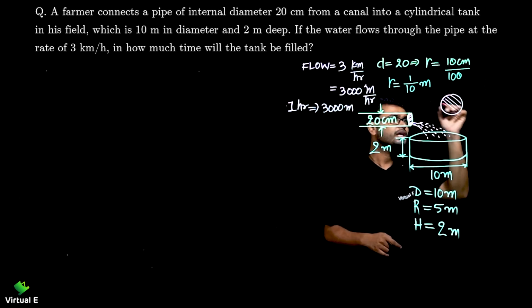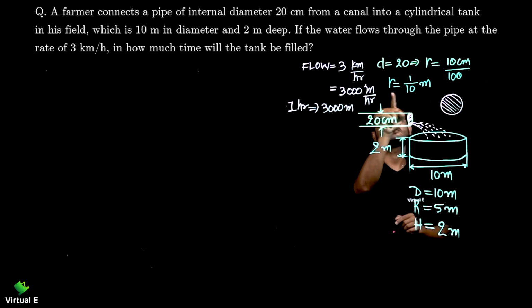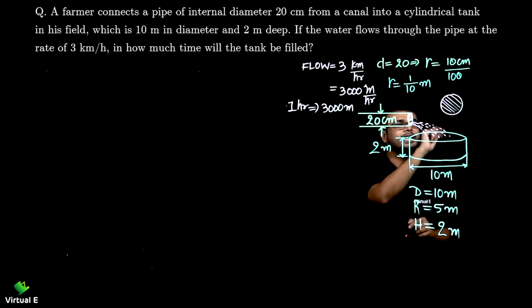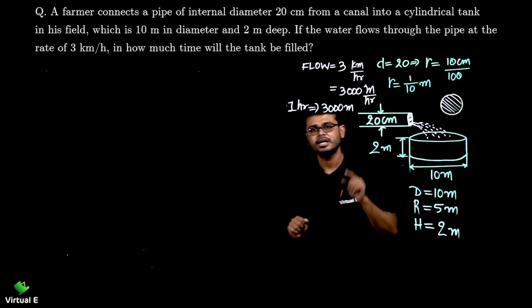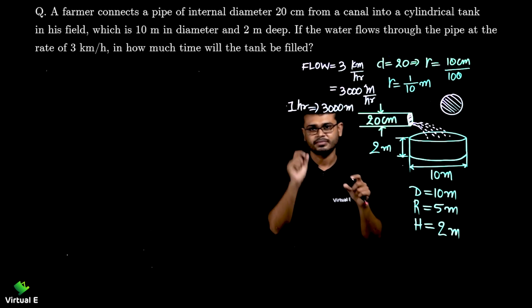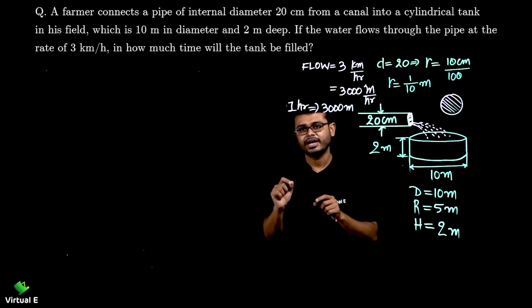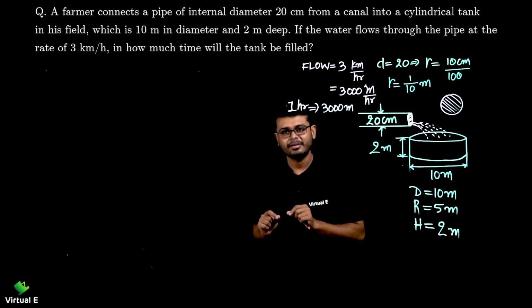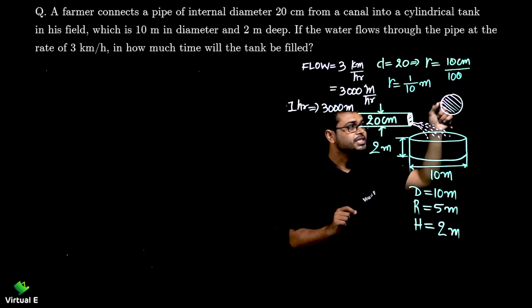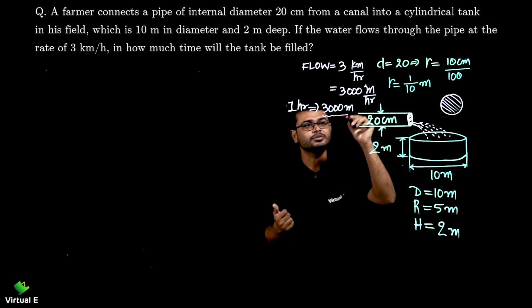Now if I get the area of this cross section, I know that radius is 1/10. Then I will be treating it as a cylinder. So how do we find cylinder volume? Area of circle multiplied by h. So area of the cross section multiplied by distance. What will be the distance? See, 3000 meters, right?